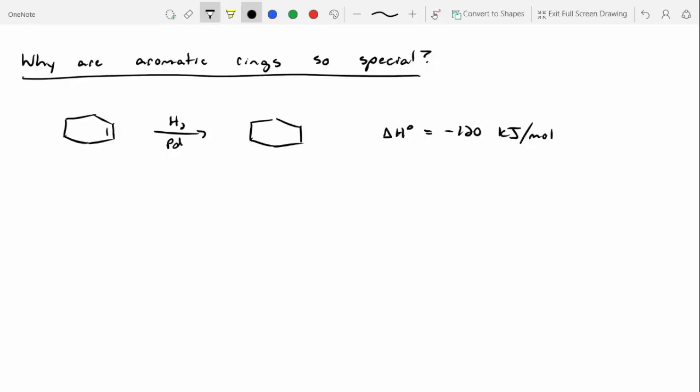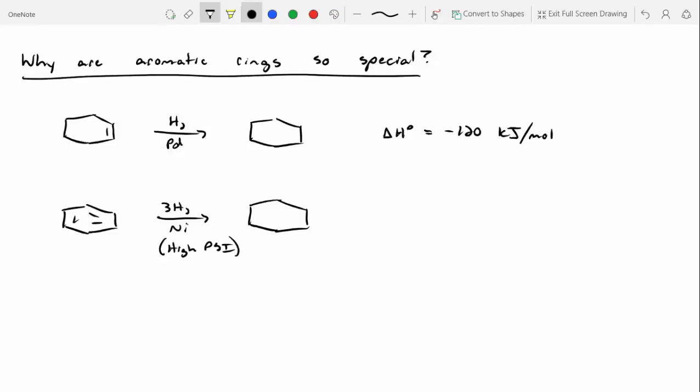If we try to do the same thing with benzene, we actually have to use very, very special equipment. Typically, we still use hydrogen, but we have to use a high pressure system and nickel catalyst. So I'm going to write high PSI, indicating high pressure.